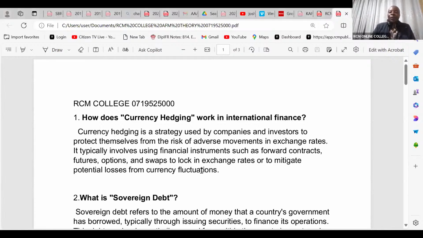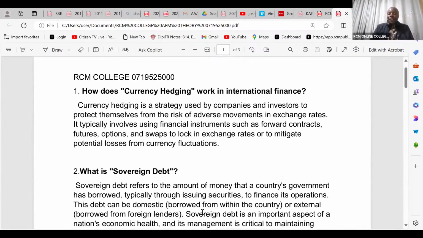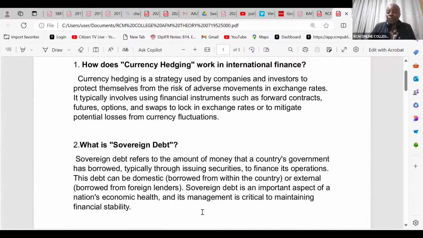So what is a sovereign debt? Of course, Kenya is an independent country. So it means that it can own its assets in its name. It can borrow in its name. When you talk of sovereignty, a sovereign debt refers to the amount of money that a country's government has borrowed, typically through issuance of securities to finance its operations.